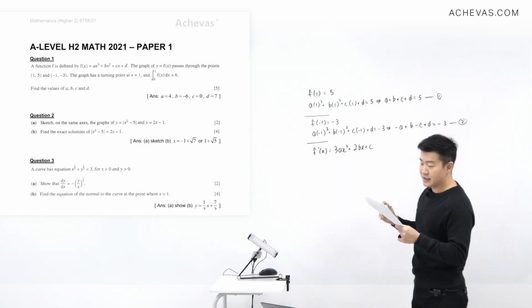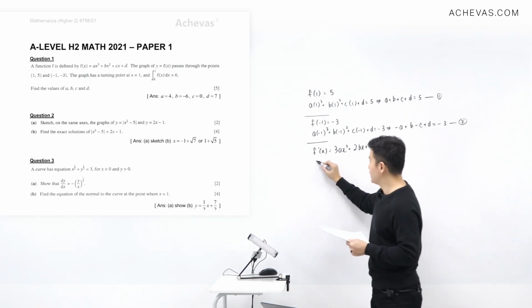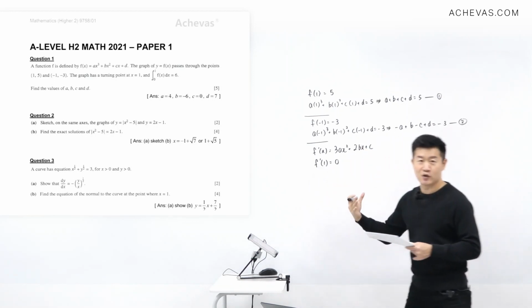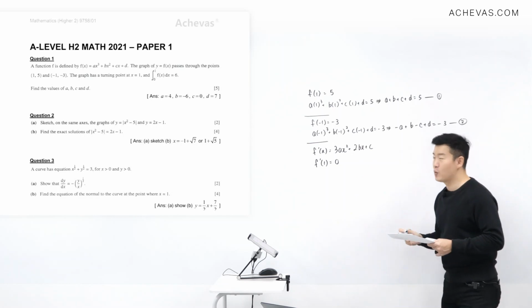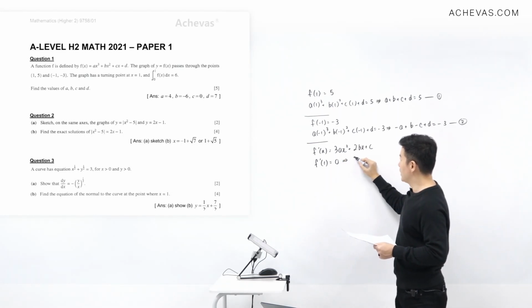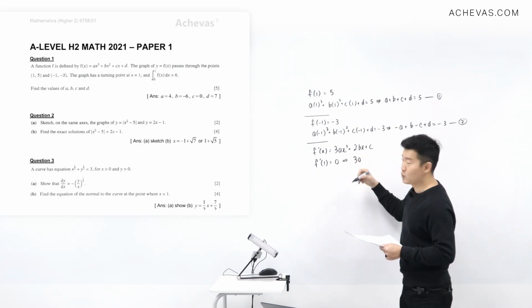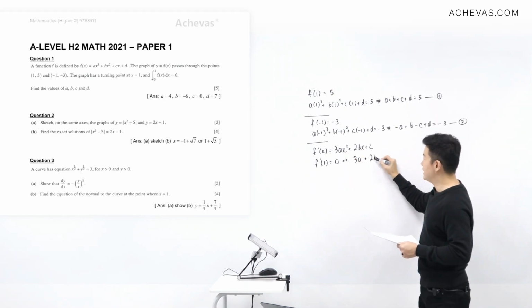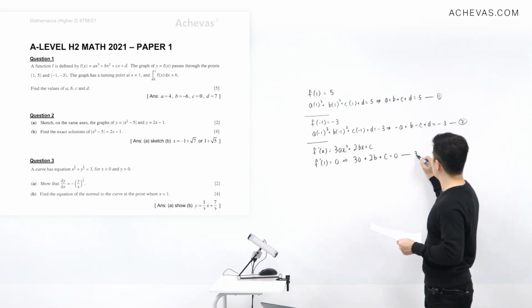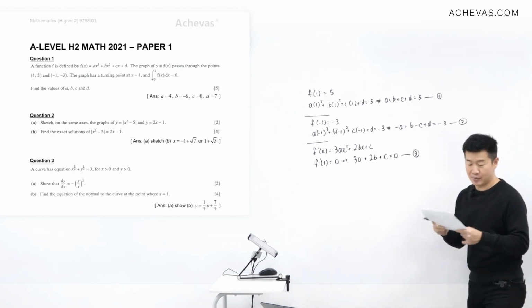Since it has a turning point at x is equal to 1, we know f'(1), the gradient, is going to be equal to 0. So substituting 1 in, we have 3a times 1 squared plus 2b times 1 plus c, equal to 0. This forms equation number 3.